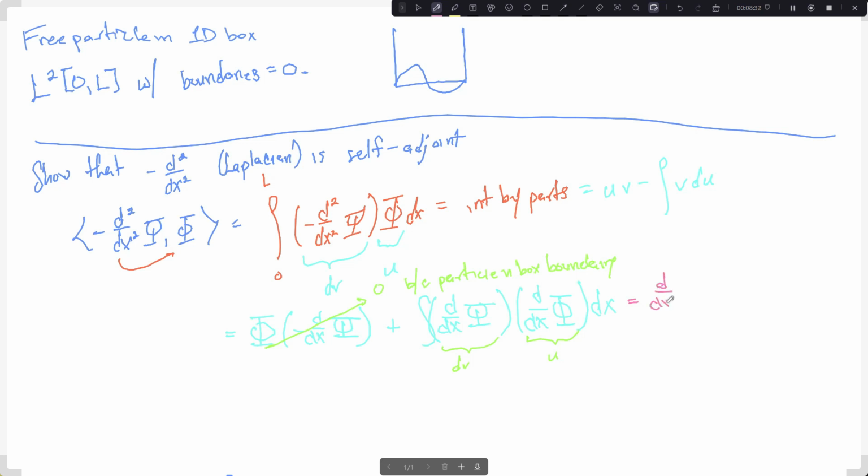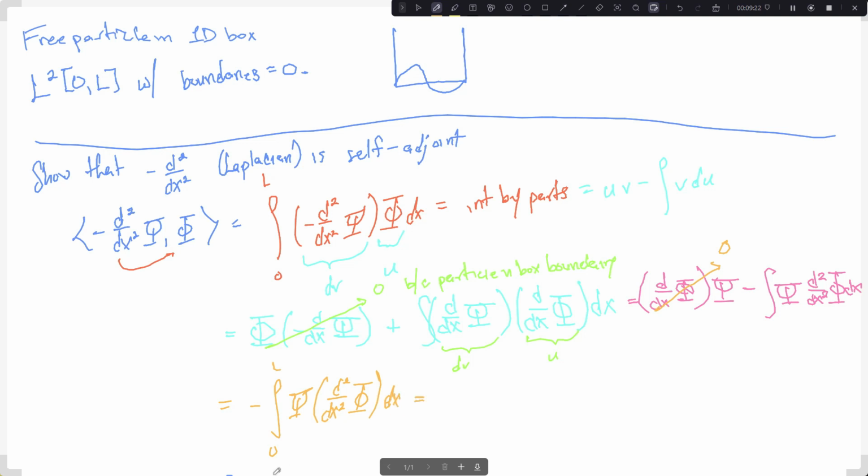So I have d dx phi against psi minus integral psi v, which is v du will now be d squared dx squared phi dx. And because we're in the particle in a box, this term is also equal to 0 thanks to those boundary conditions, and we end up with negative integral 0 to L psi against d squared dx squared phi dx.